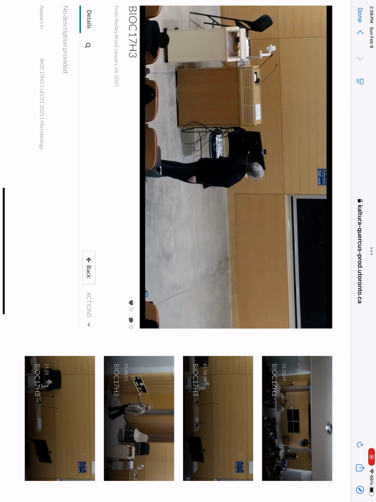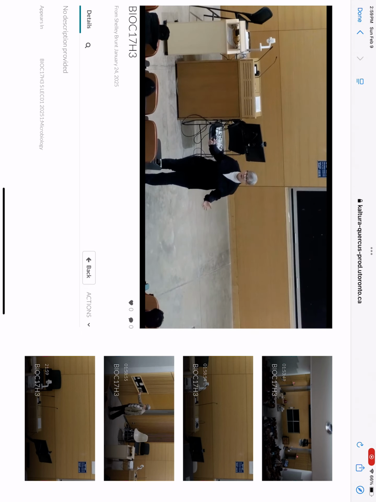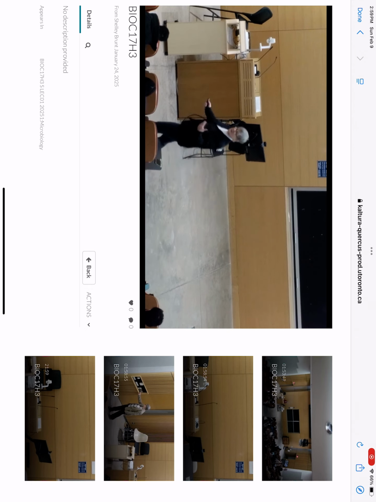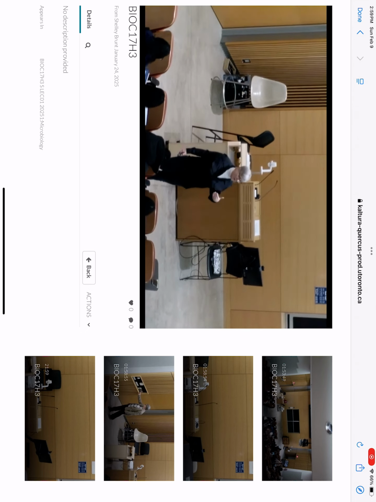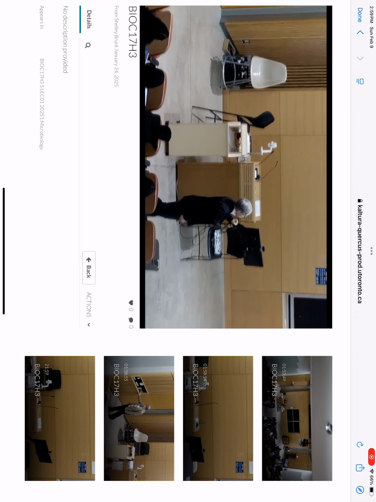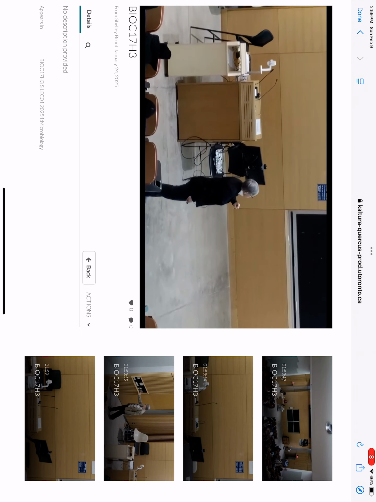And many of our human pathogens, including the pathogens that we find within Clostridium, which is a gram-positive rod that forms endospores. And two of the very important members of that genus are Clostridium botulinum and Clostridium tetani.